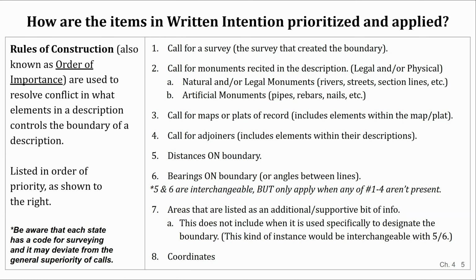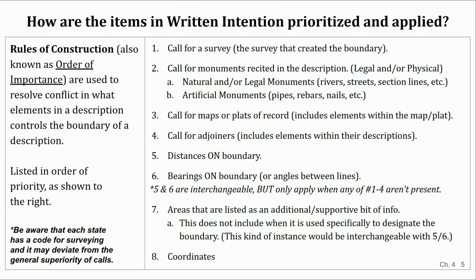So looking at these and to provide a little bit of example, number one is a call for a survey. And typically that means it was the survey that created the boundary, or it could be the description is updated for a retraced boundary. And so maybe the old description was so out of whack that a new description was written.